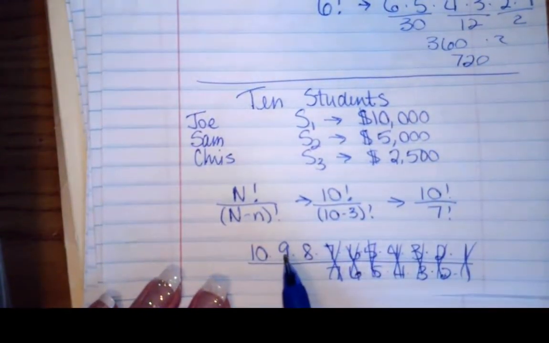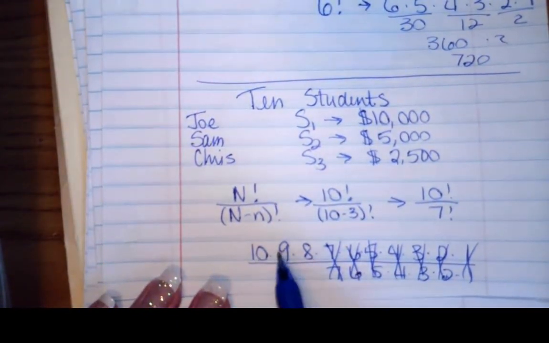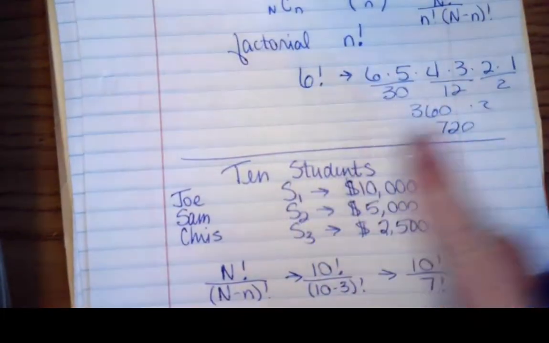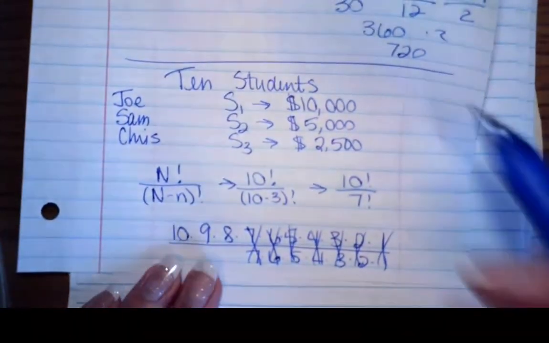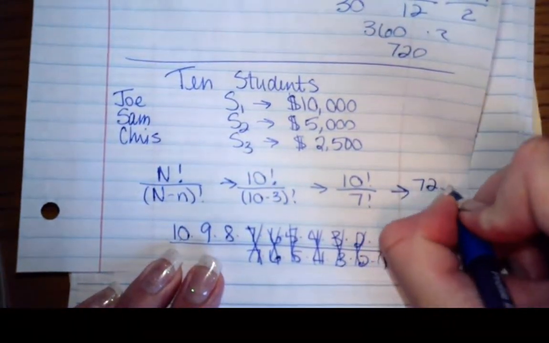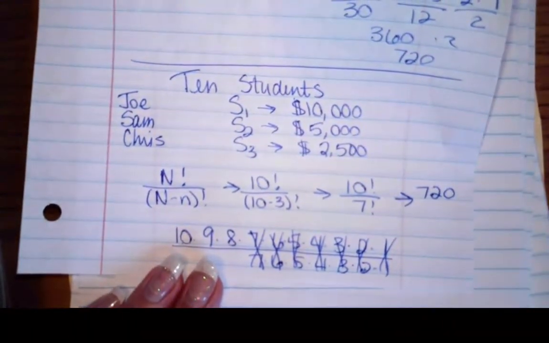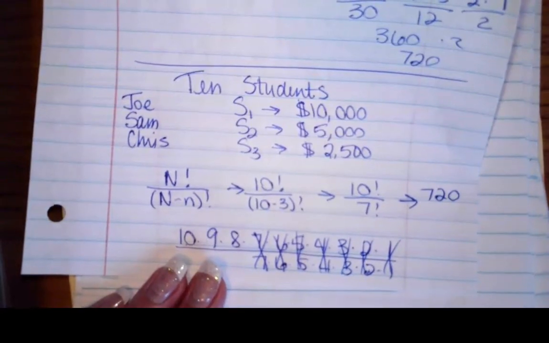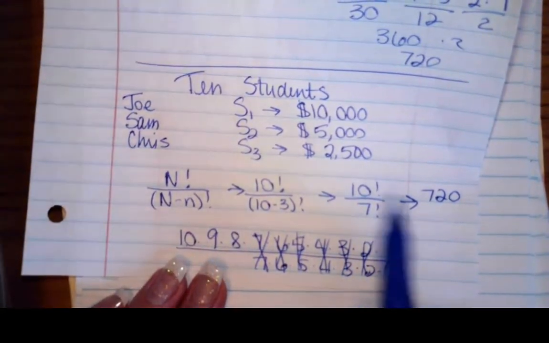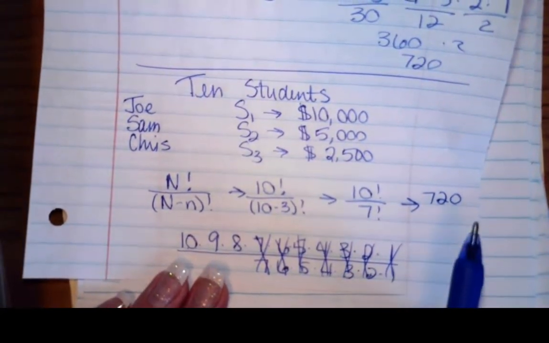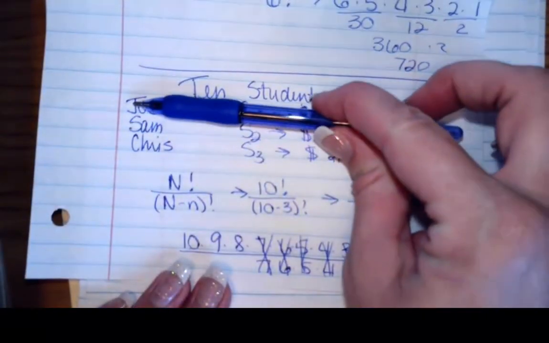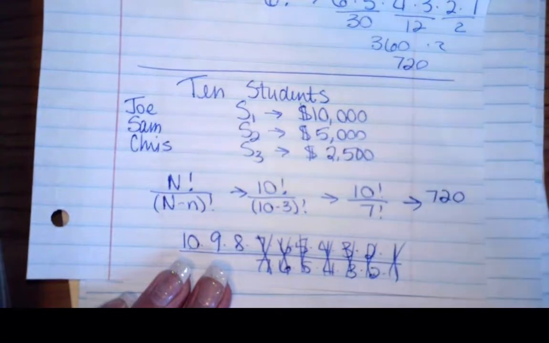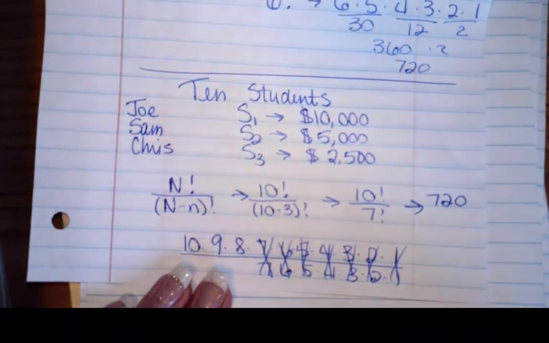What that leaves me with is 10 times 9 times 8, which is going to be 720. That has nothing to do with this, that was just a happy accident. So I've got 720 different ways for 3 students out of 10 to walk in my classroom. There are 720 different ways for that to happen. And that extends to the full 10 student enrollment, just not the 3 names I listed. So that's what that means.